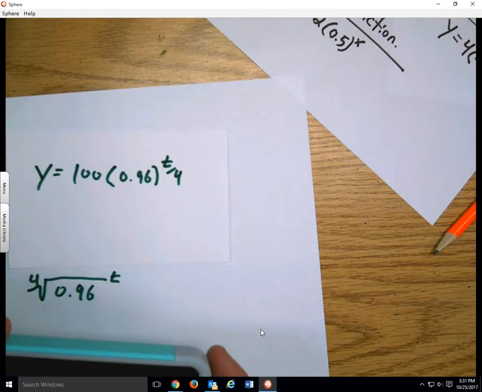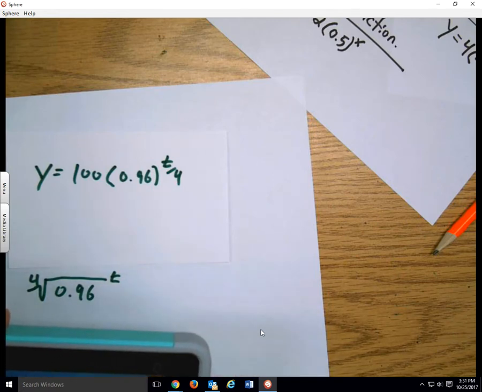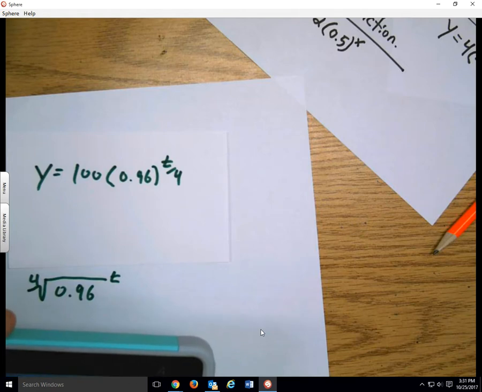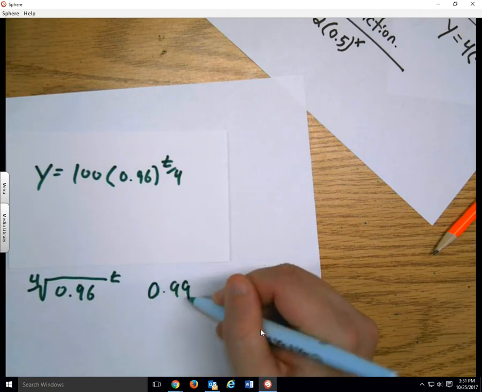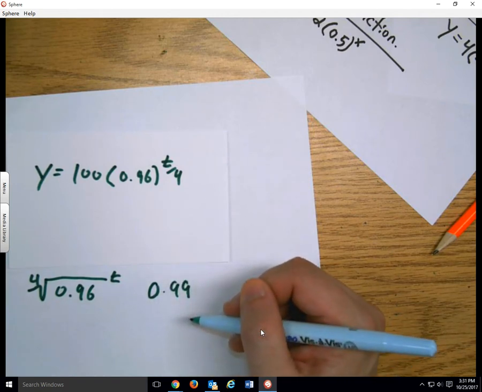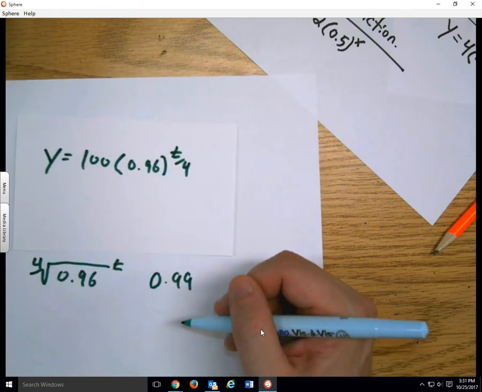In my case, I'll do the 4th root of 0.96, and it equals, oops, sorry, mistake. So I'm getting 0.99, roughly.